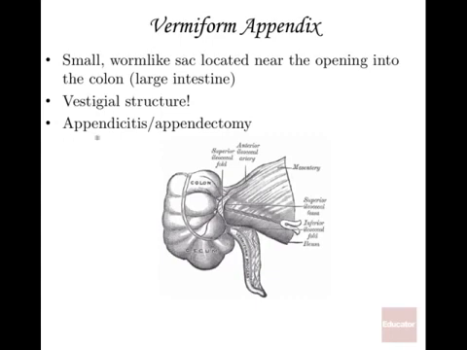But an appendicitis is an infection of the appendix. Too much bacteria inside of there can cause it to swell and get inflamed to the point where it bursts, and that could kill a person. An appendectomy is the removal of the appendix. And since it's vestigial, since it's typically not needed, there's no harm in removing the appendix.